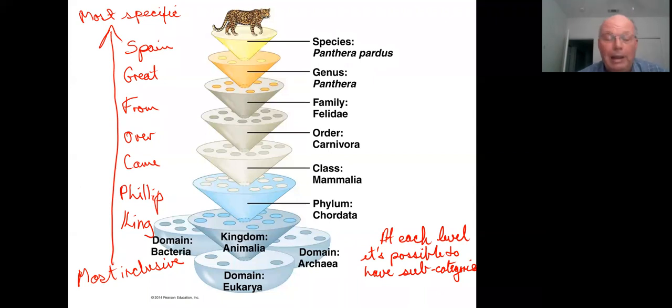All I want you to do is to be able to remember the various taxonomic categories and be able to explain which is where, because as we go through the various kingdoms and the phyla within those kingdoms, and in some cases we'll get down to class and order, it's important for you to recognize what it is that we're discussing in each of the groups.